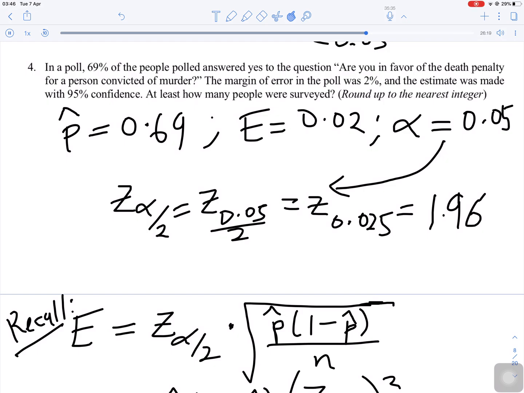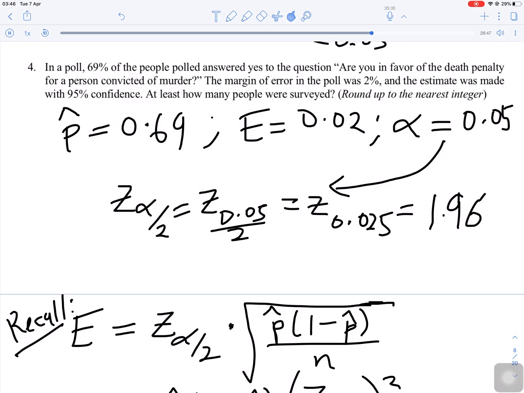So 95% confidence means that alpha equals 0.05. So if alpha is 0.05, then alpha over 2 will be 0.025. And the z-score, or the critical value for that, is 1.96. You can refer to the summary sheet that I've given, or you can calculate this on your TI-84.